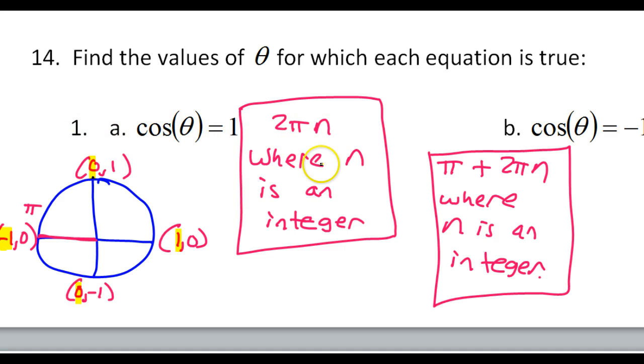Instead of saying 2 pi n, where n is an integer, I could say pi n, where n is an even integer.